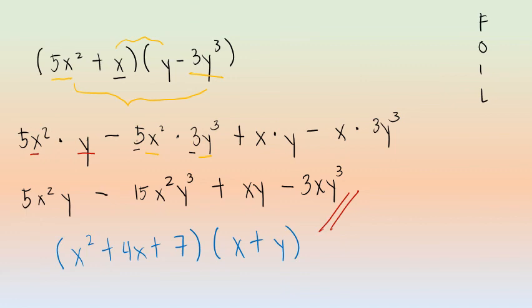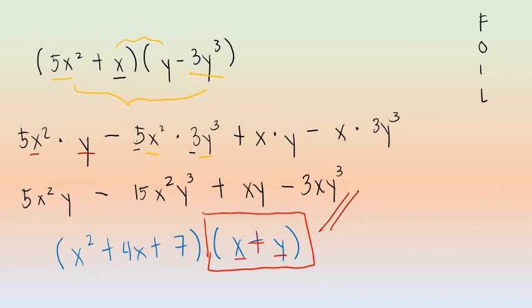In multiplying this one, let's go back to the definition of the FOIL method. We use it if we are to multiply two binomials. And we can say binomial if it has two terms. So here, class, this is a binomial. Why? It has two terms, x and y, separated by a plus sign.